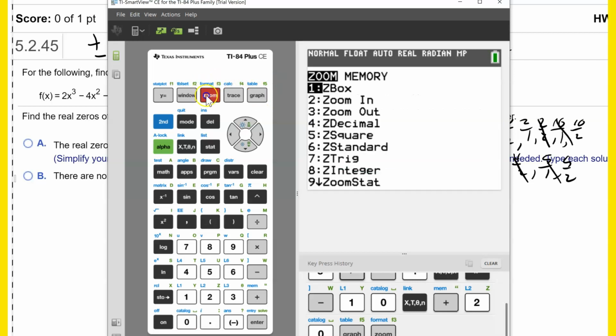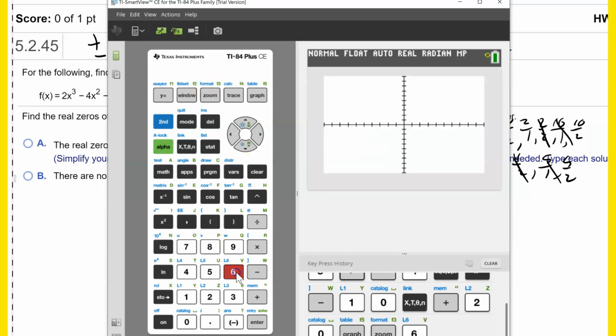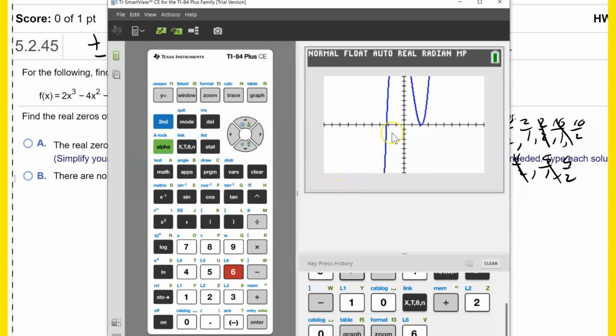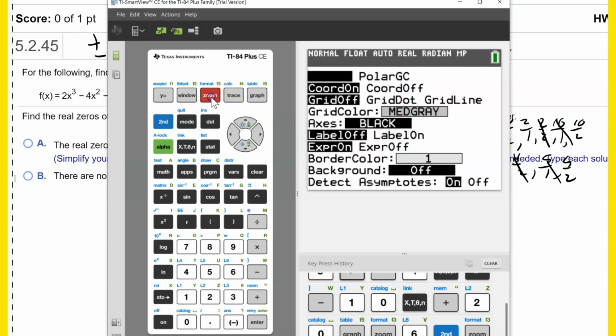I'm zoomed strangely. I'm gonna hit zoom 6 to get back to my standard zoom window, and I can see kind of where these zeros are, although they're not very friendly. Let me hit second. Did I go zoom 6?